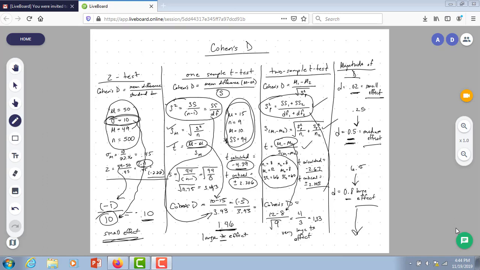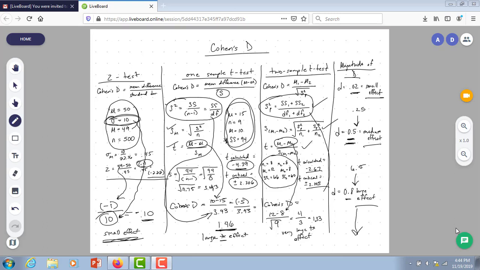This would produce a small treatment effect, even with the negative there. Focus should be placed on the absolute value and not necessarily the sign. So this would be a small effect because that 0.10 hovers closer to 0.02 than it does to 0.05.